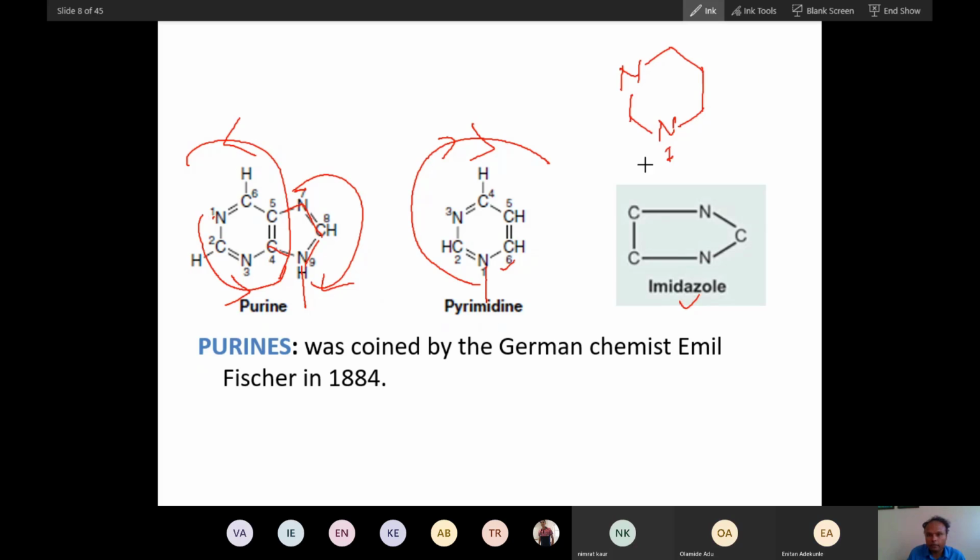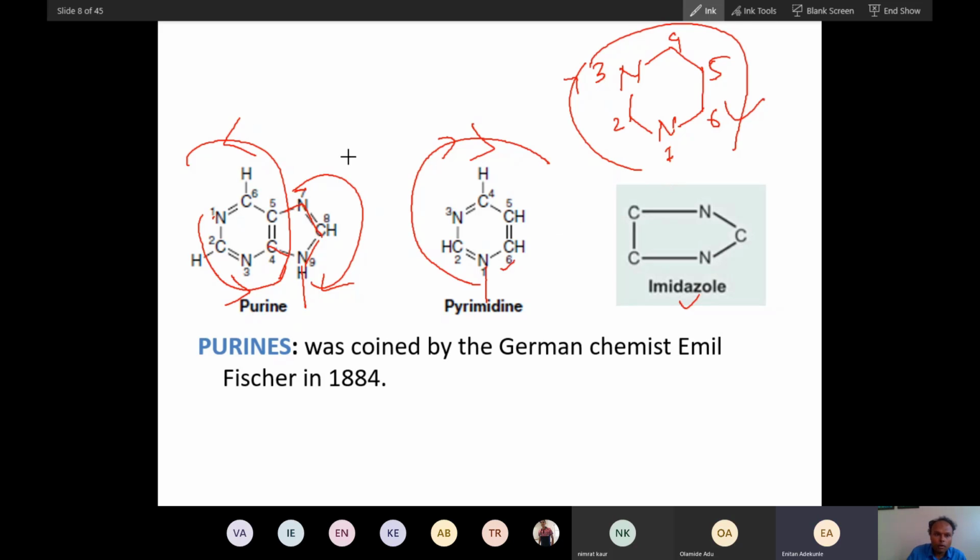We start from here and give the third position to this. So this becomes 1, 2, 3, 4, 5, 6. Isn't it clockwise? Yes, pyrimidine is clockwise.